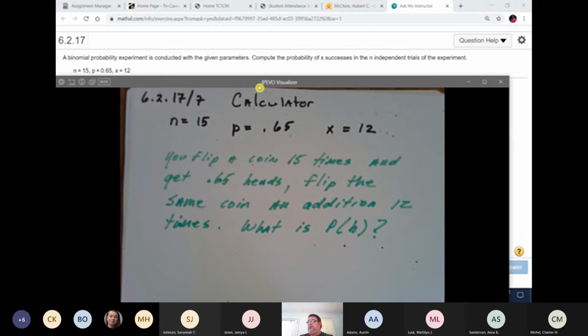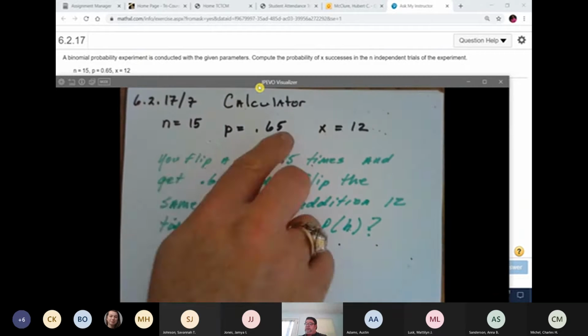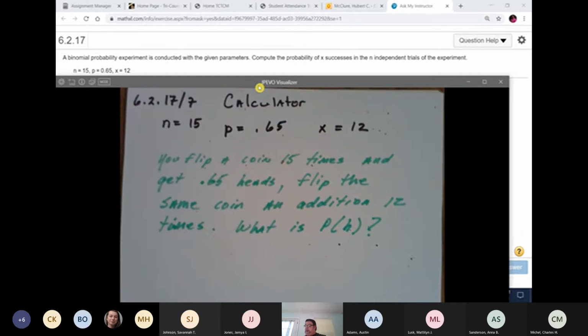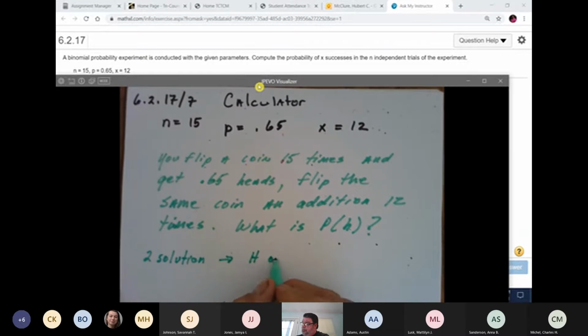Now you got to ask yourself, is there two answers? Yes, two solutions. What are the two solutions to flipping a coin? Heads or what? Tails. Okay, and does one affect the other?